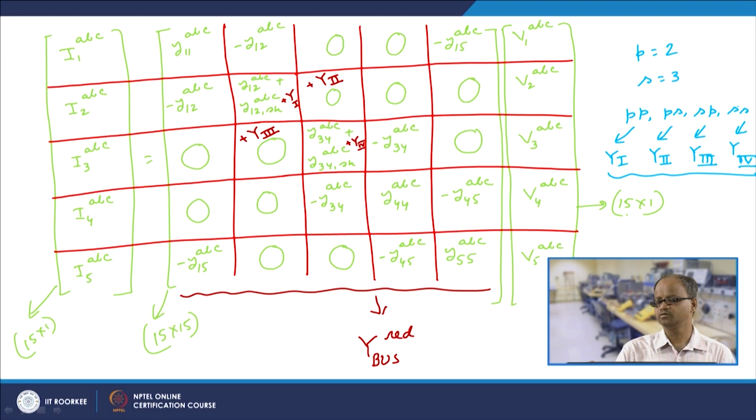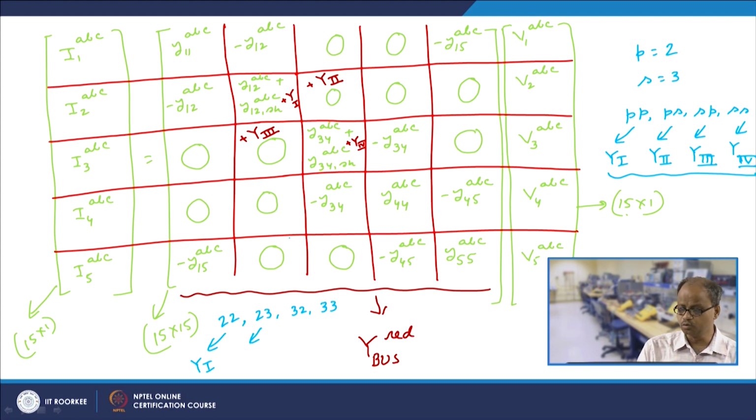After we add these 4 sub matrices into the Y bus reduced matrix, we get the actual system Y bus matrix. Now, in this case our P is 2, S is 3. So PP is 2 2, PS is 2 3, SP is 3 2 and SS is 3 3. At 2 2 we would be adding Y1, and this is exactly what we have done.